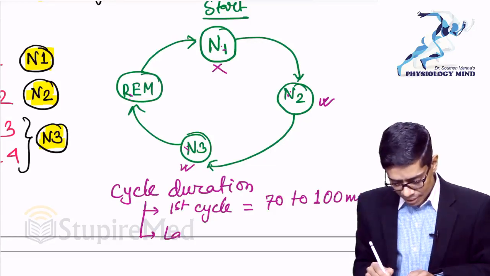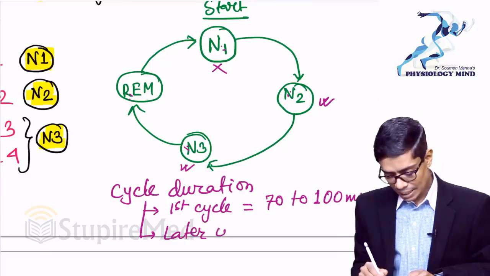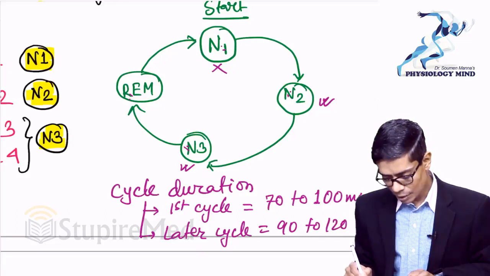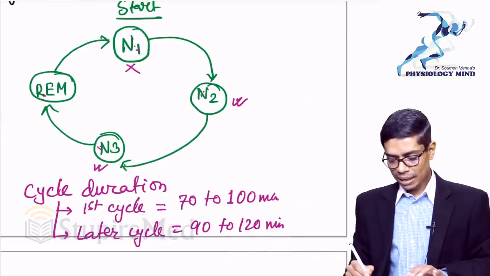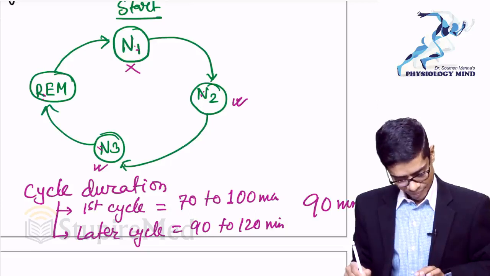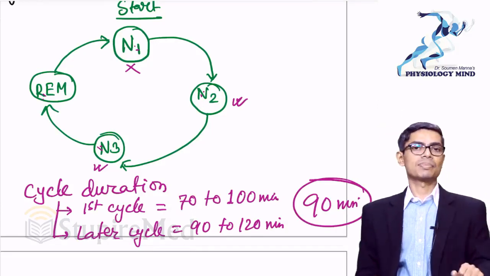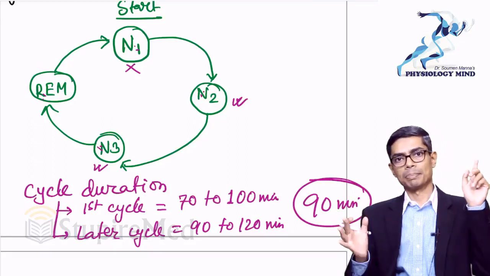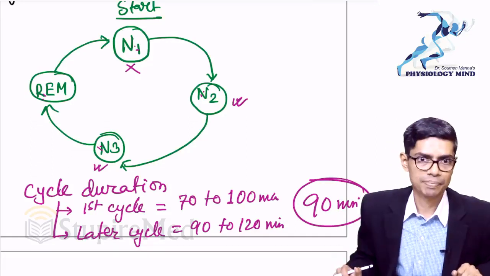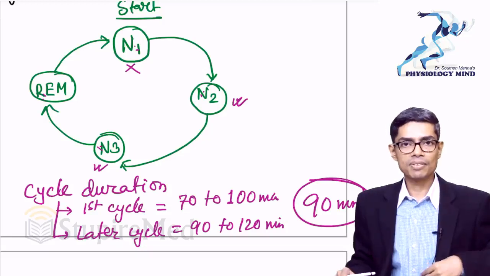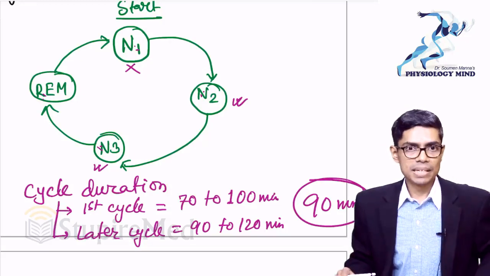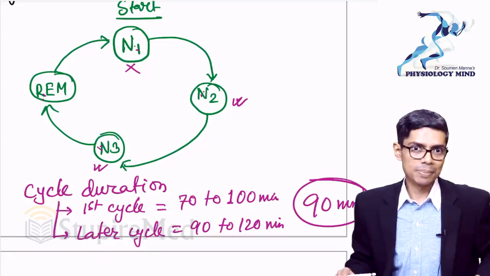But later cycles have a duration of 90 to 120 minutes. On average, remember 90 minutes. If I ask you the average duration of a sleep cycle consisting of N1, N2, N3, REM, it is 90 minutes. So if you are sleeping for 6 to 8 hours, you are completing around 6 to 7 cycles, or maybe 5 to 8 cycles, depending on your sleep time.